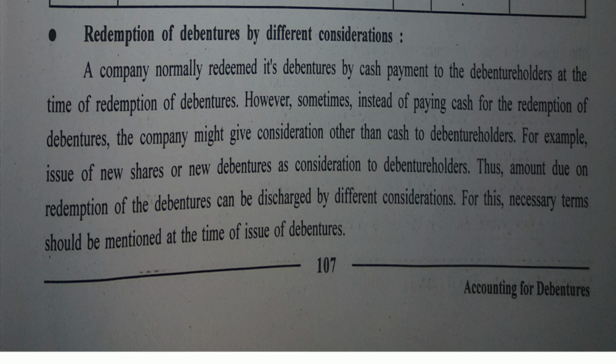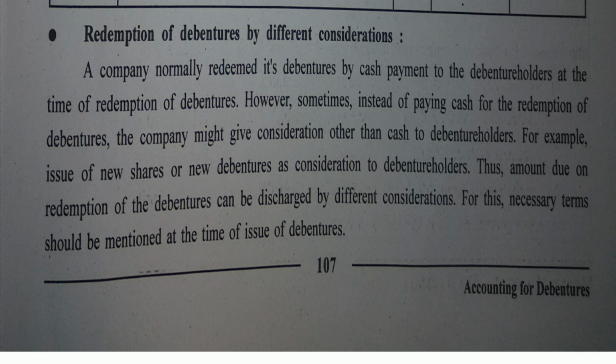I repeat that at the time of redemption of debentures, the amount is given to debenture holders. That means the payment is made through bank. It is the payment of cash. In short, the amount is returned. But sometimes the company considers other options for redemption of debentures. The company might give equity shares instead of cash.